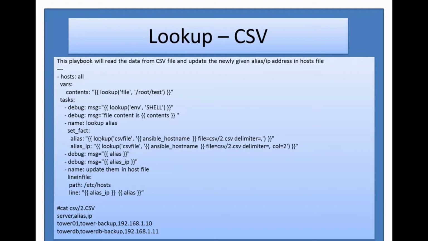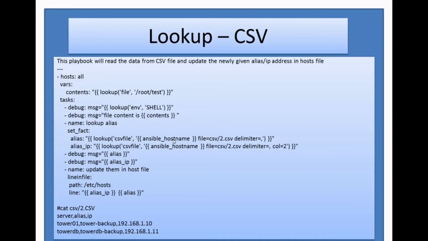Ignore this part and come here. I'm looking up the CSV file based on the host name. This one is my host name, tower.1. If tower.1 comes here, I read the file, and the delimiter is comma. By default it's going to return the second column.